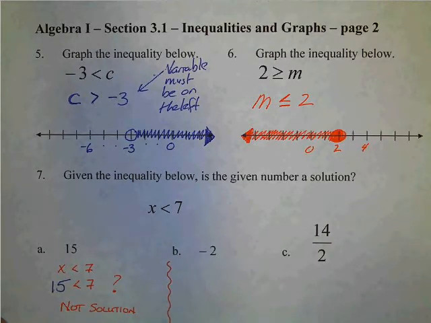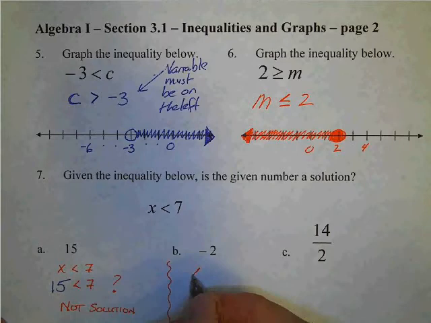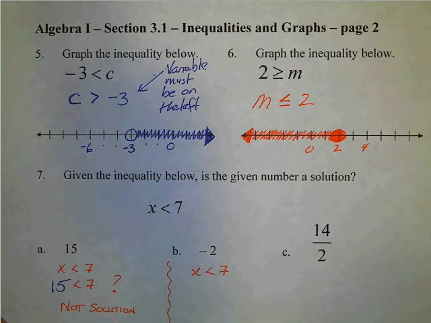Okay, let's look at B. X is less than 7, once again, is our inequality, but here we're asking the question, is -2 less than 7? Well, that is true, so yes, it is a solution.